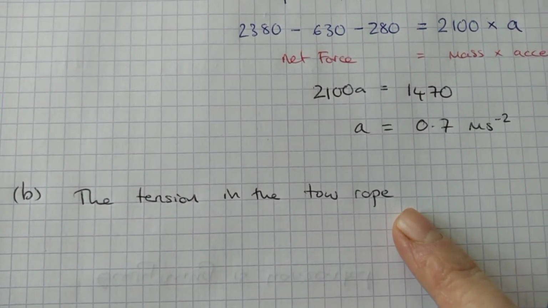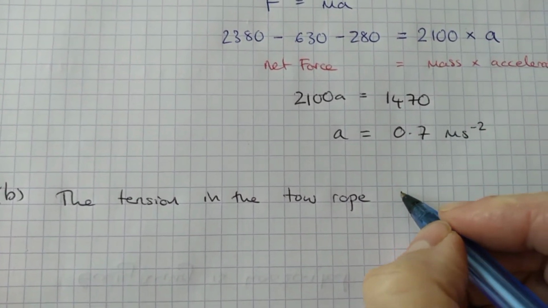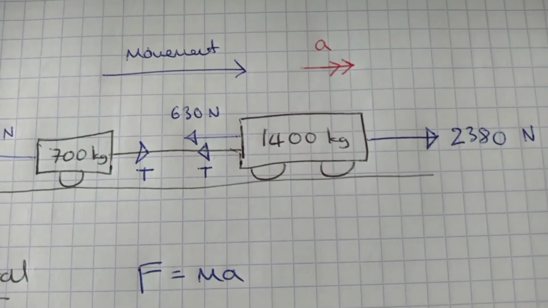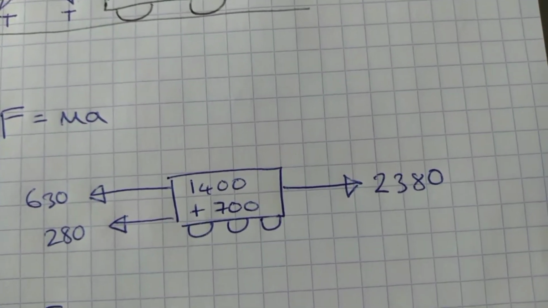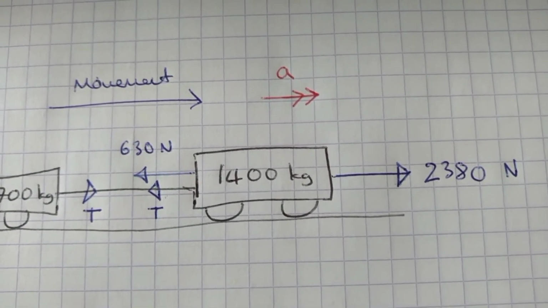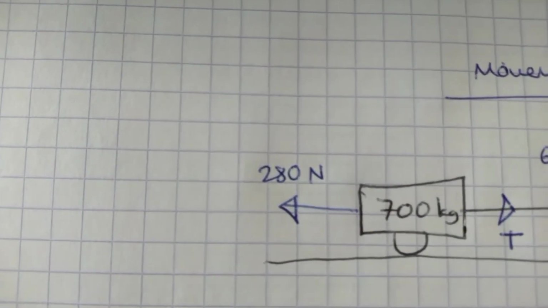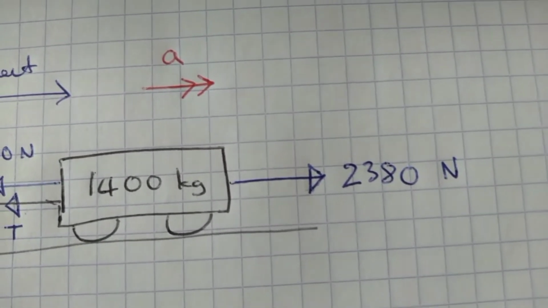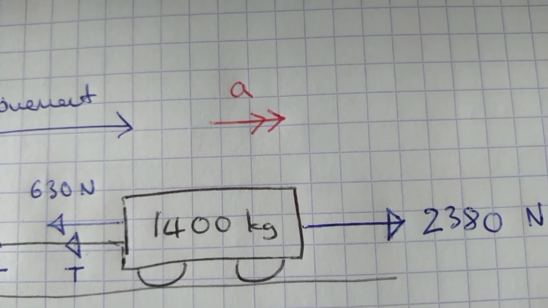So the tension in the tow rope, which we've called T, well, for this one, if we look at the system as a whole, we kind of ignore T. So we're going to either have to look at the trailer on its own or look at the car on its own.